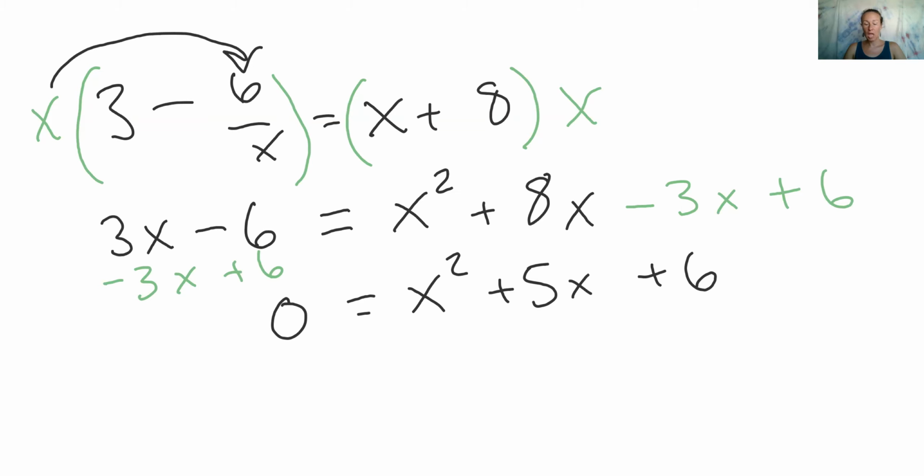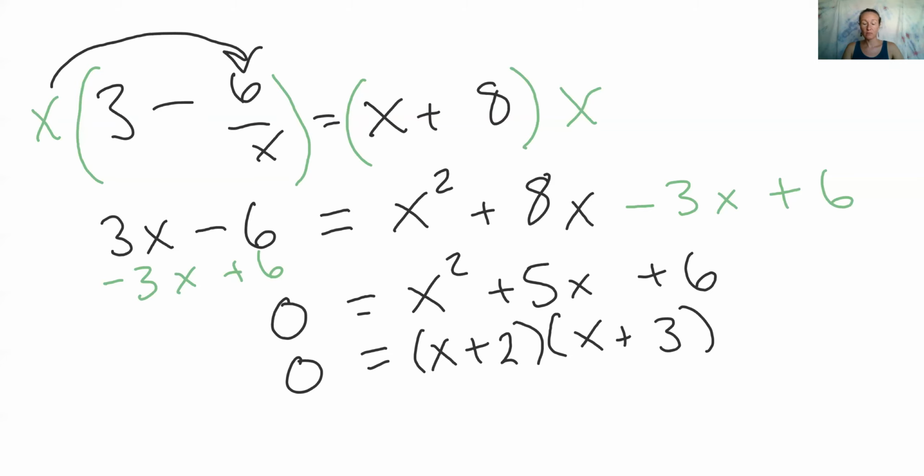Okay. So then to factor this, we want 2 numbers. They're going to multiply to 6 and add to 5. So that's going to be a 2 and a 3, right?